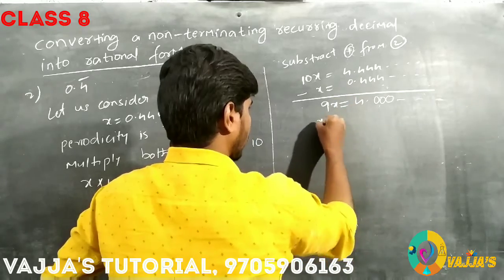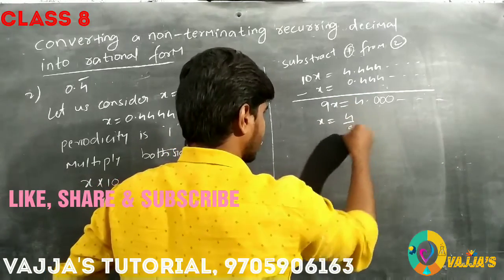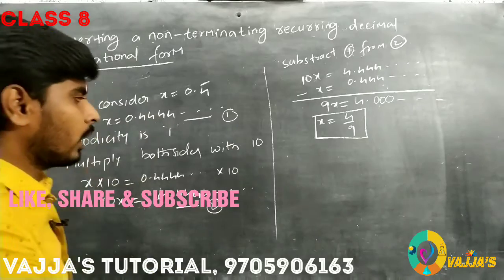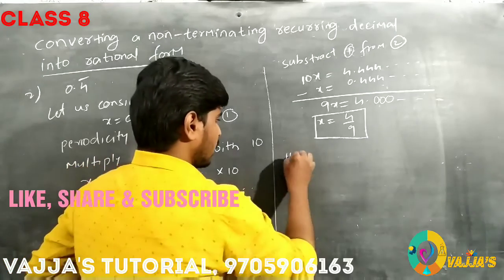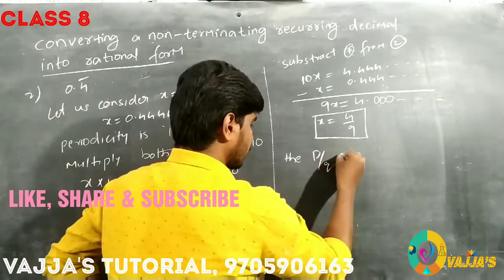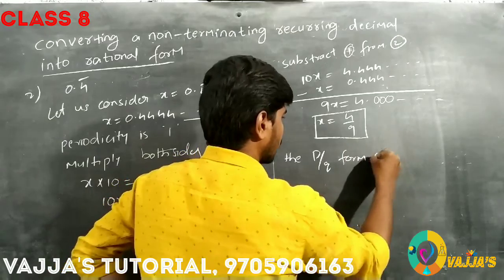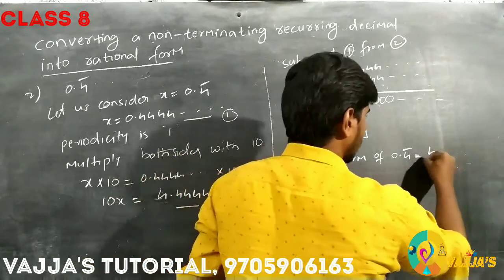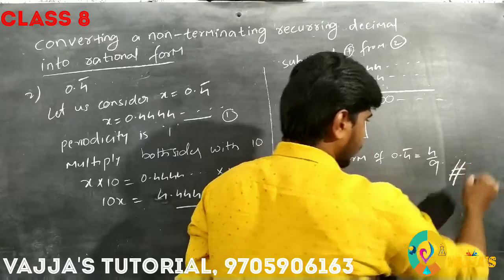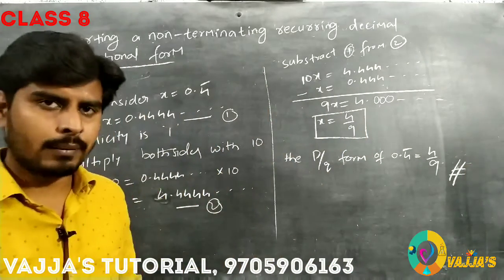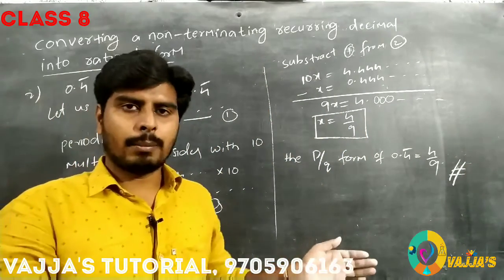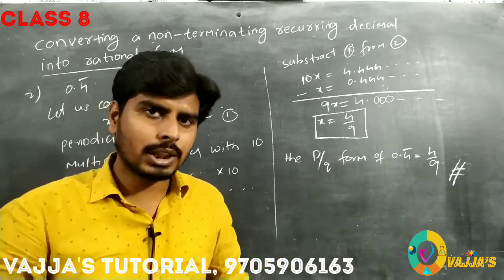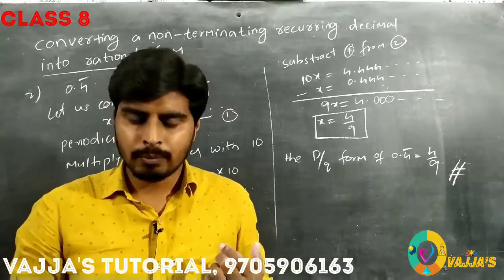So x is equal to 4 by 9, which is the P by Q form of 0.4 bar. So the P by Q form of 0.4 bar is equal to 4 by 9. This is our required answer. This is the way of representing non-terminating recurring decimals in rational form.